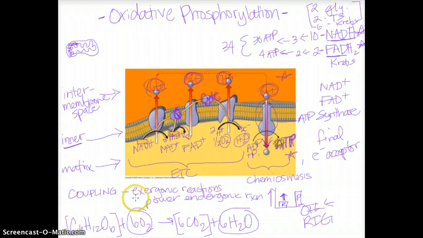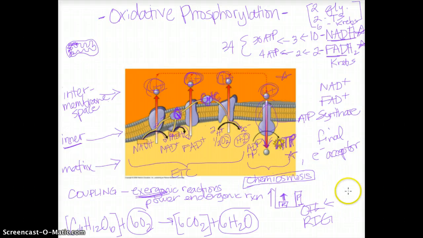So we're using all of this series of exergonic reactions that we've been doing this entire time, the breakdown of glucose and glycolysis, all of those many steps in glycolysis, 10 steps and 12 different enzymes doing their work, in the Krebs cycle, all of those exergonic reactions. The whole point of all of that is to be able to power chemiosmosis and produce ATP in the end.